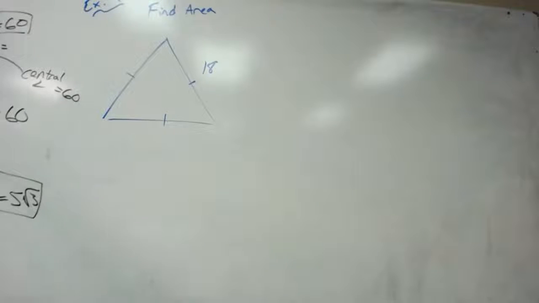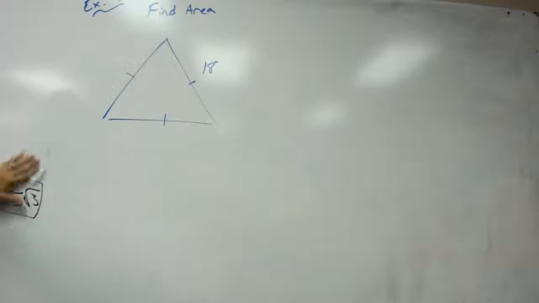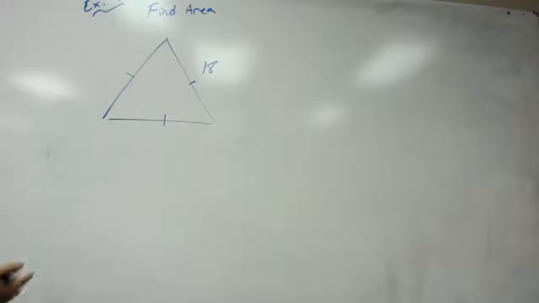One more example, example 4. It wants us to find the area of this triangle. And it gives us a regular triangle here. So the formula for the area of a triangle is 1/2 base times height, but we don't know the base or height. So therefore we cannot do that. Well, actually, not true. We do know the base. Base is 18.